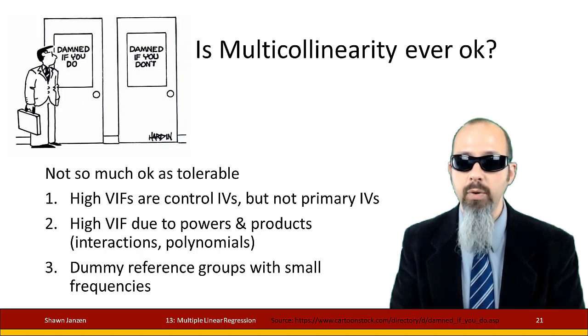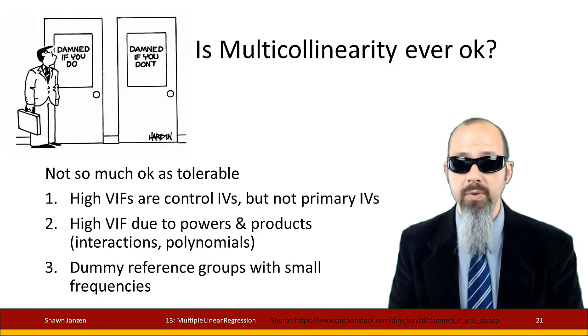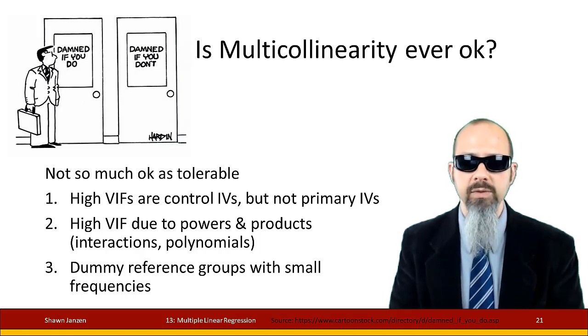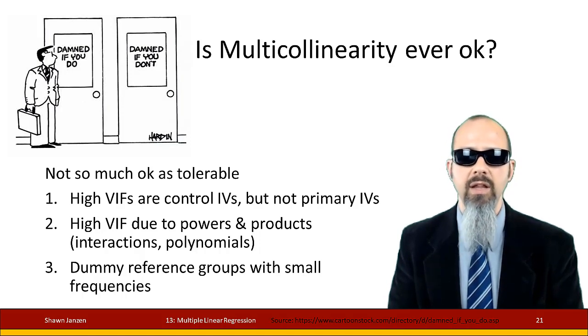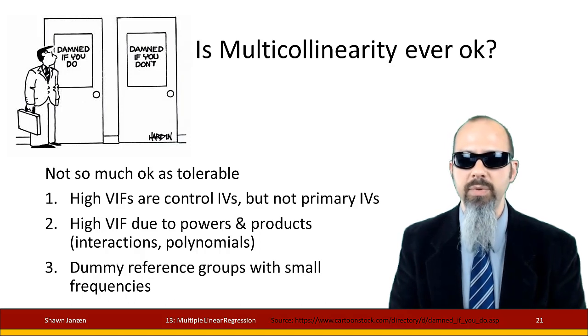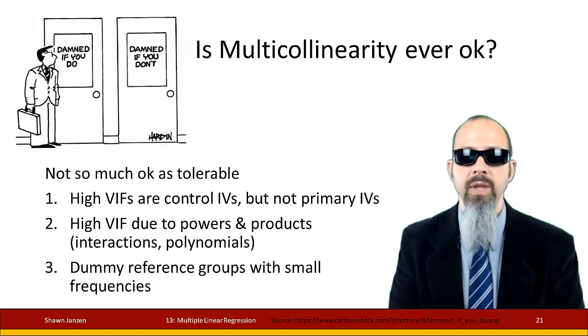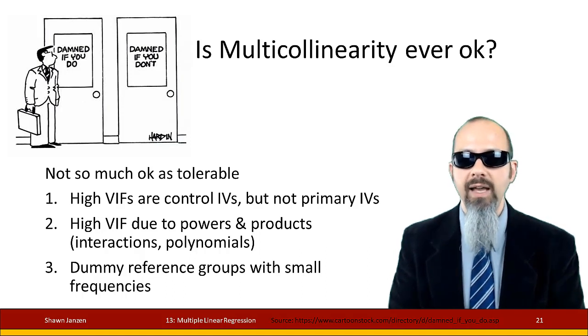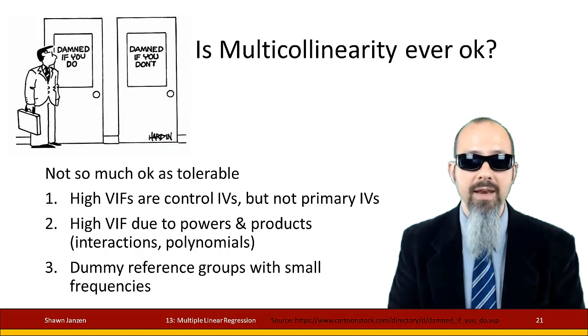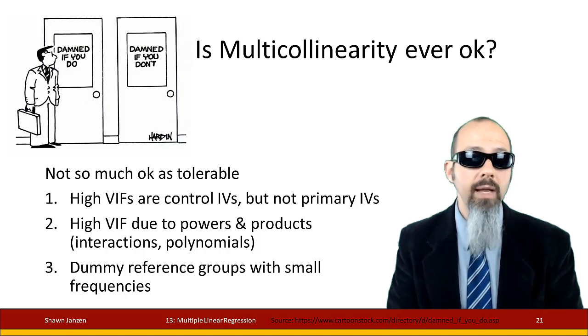These are variables that you're putting into your model simply to help explain variance. A lot of times these deal with demographics and other particular variables that are not the ones you're particularly focused on for the explanations of your research questions. So if you have high VIFs due to them and not in your primaries, it might be okay to live with.